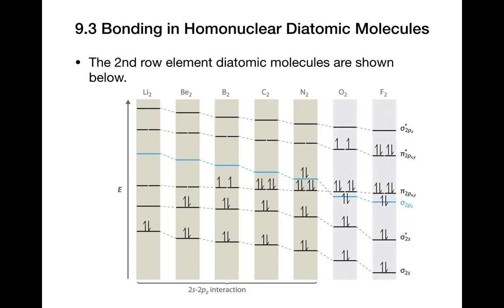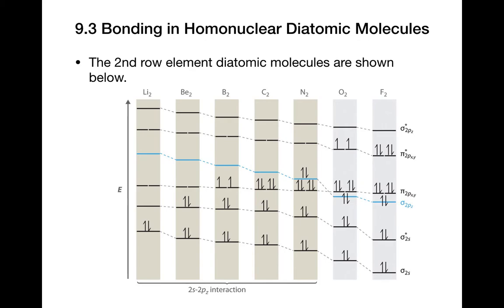In the case of B2, the pi 2p are actually lower in energy than the sigma 2p. In this particular case, they've decided to make the sigma 2p subscript z. Not sure why they do that.